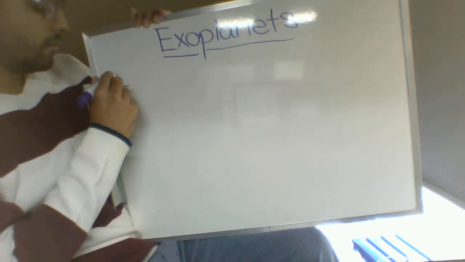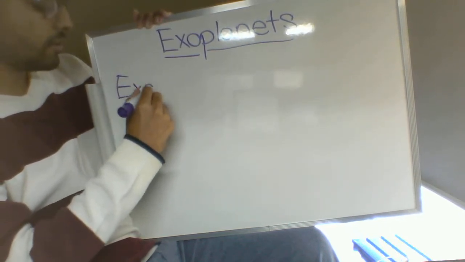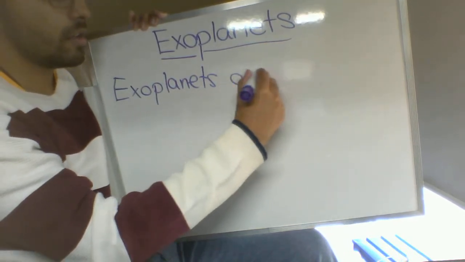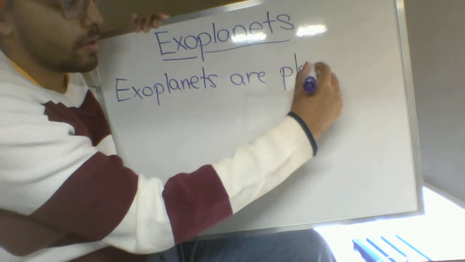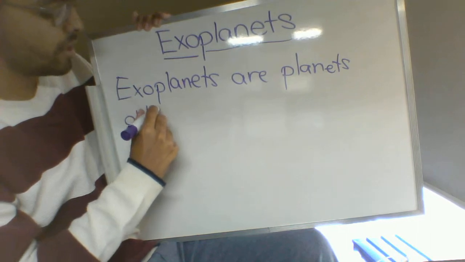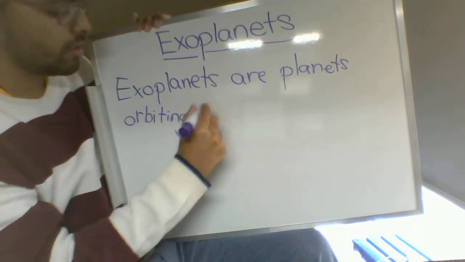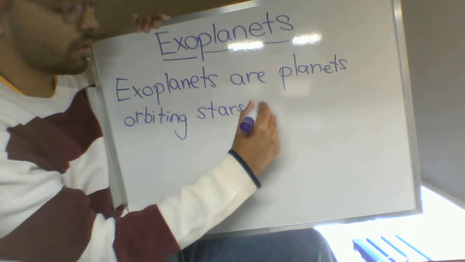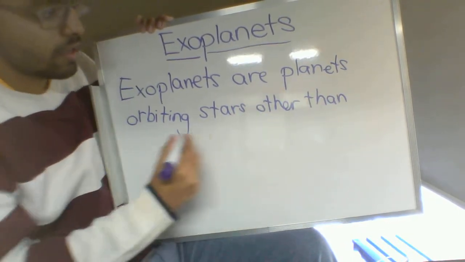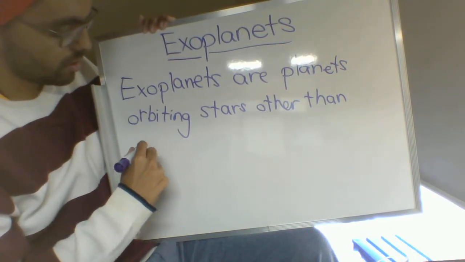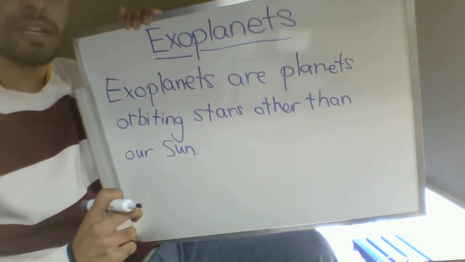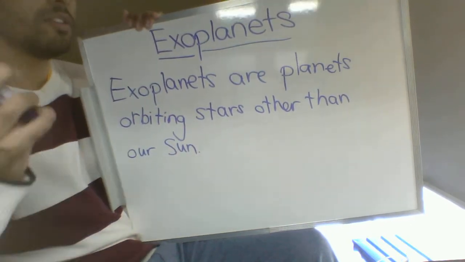So exoplanets are planets orbiting stars other than our sun. Okay, so exoplanets are planets that are orbiting stars other than our sun.